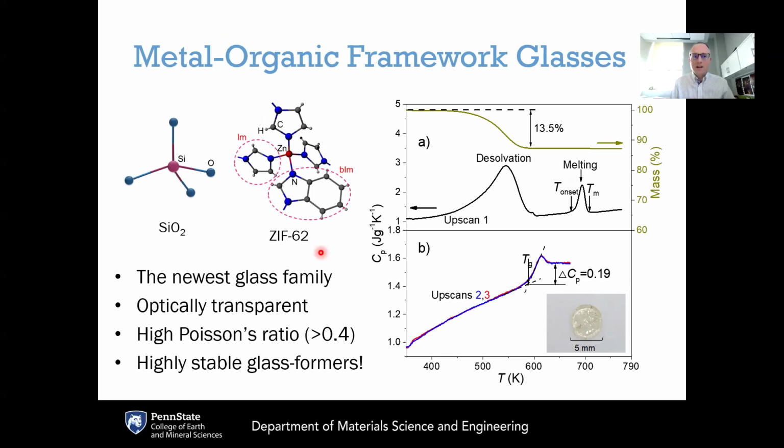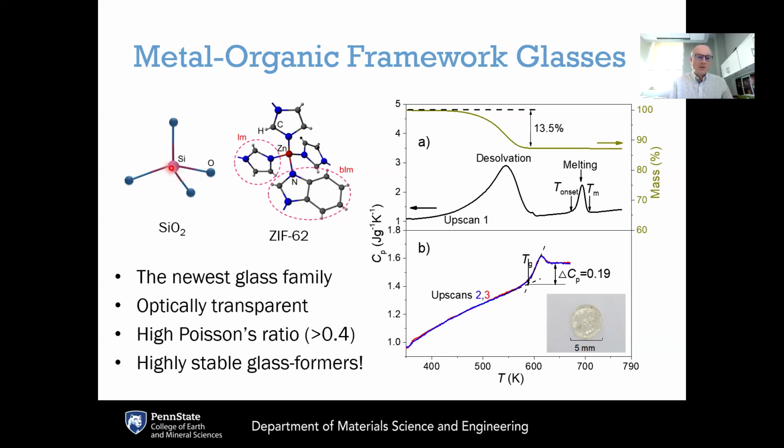Now, the last class of non-oxide glass that I want to cover is the most recently discovered glass family. This is the newest family of glass, and it is called a metal organic framework glass. This has a structure that's kind of analogous to the structure of silica.